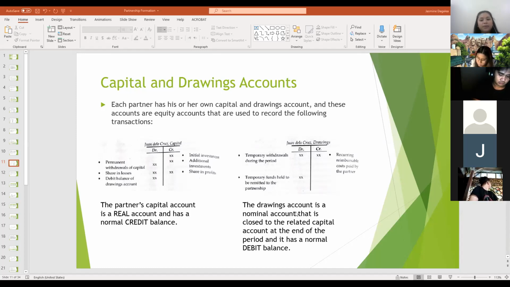Ang drawings account naman is a nominal account or temporary account that is closed to the capital account of the relative partner at the end of the period, and it has a normal debit balance. So, yung discussion natin na to, basically review lang ng capital accounts. Same concept pa rin ng capital and drawings accounts ng sole proprietorship.